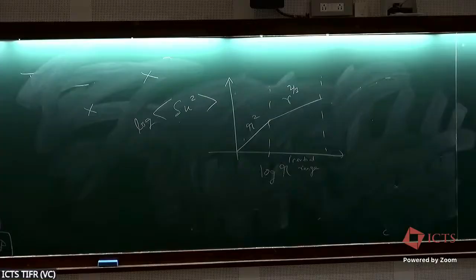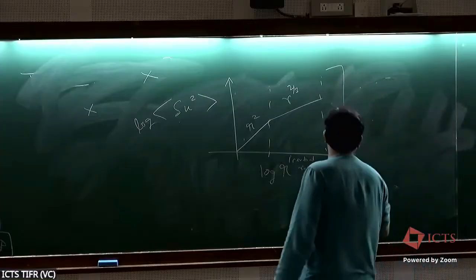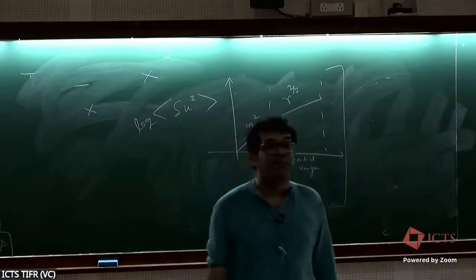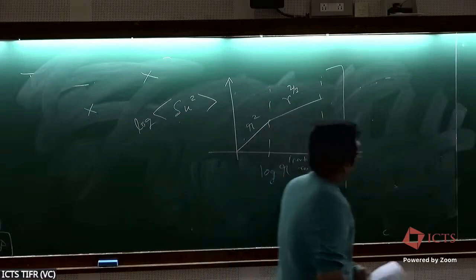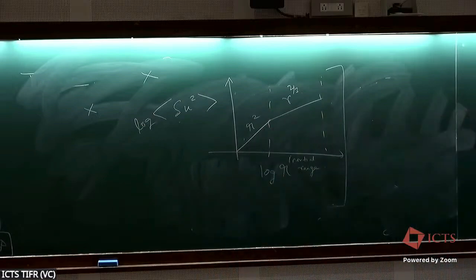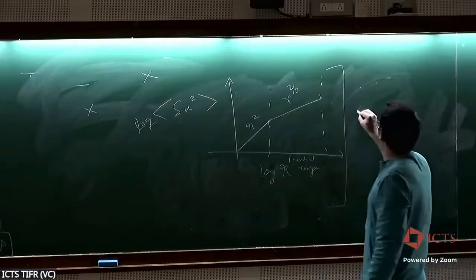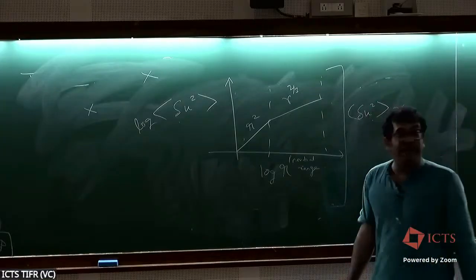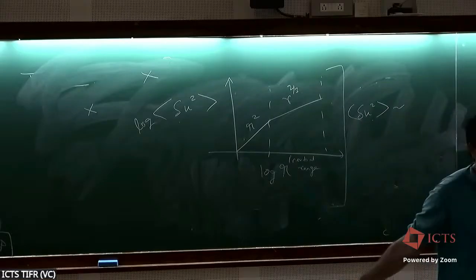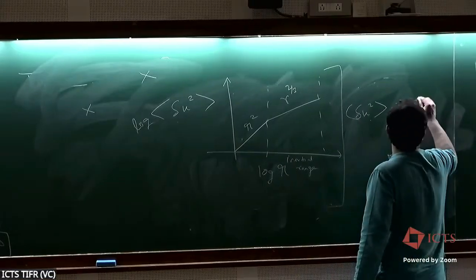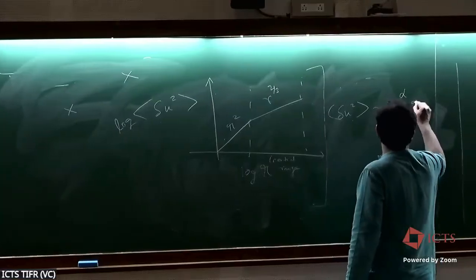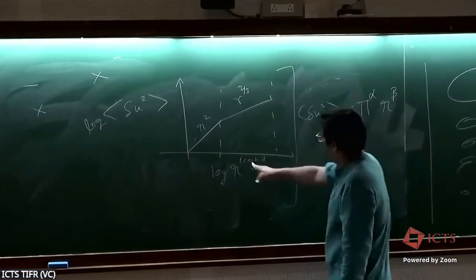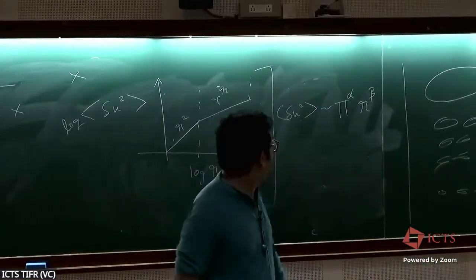Now, as I said, let's first convince ourselves that 2/3 will be the number. What you can do is, using the ideas that we sketched and the energy balance, you know that delta U squared can only depend on the flux, because that's the only thing which is being transported across these length scales, to the power alpha, and it can also depend on the scale r to the power beta.